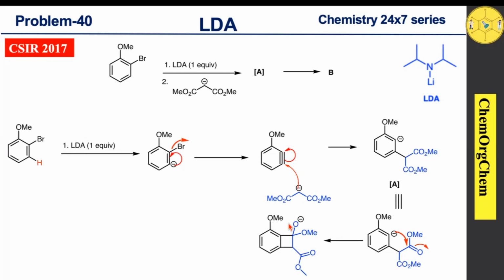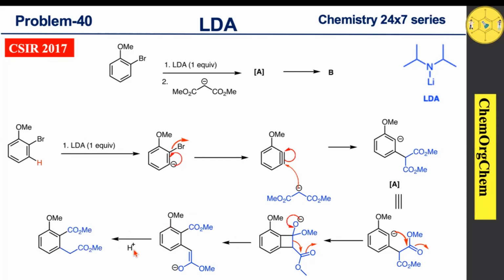Now this O negative charge moves here, resulting in cleavage of this carbon-carbon bond, so these electrons move towards this carbon atom. Now these pi electrons move towards the oxygen atom, which produces this corresponding intermediate. When we do the workup, it readily abstracts a proton from the solvent, which produces this corresponding product.